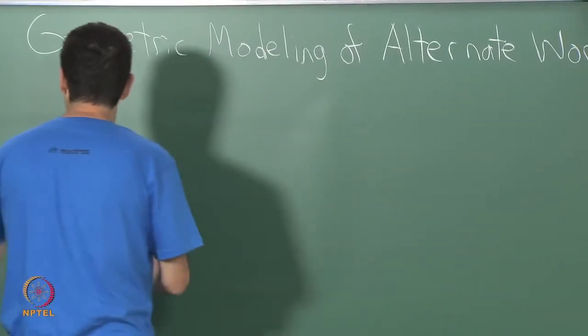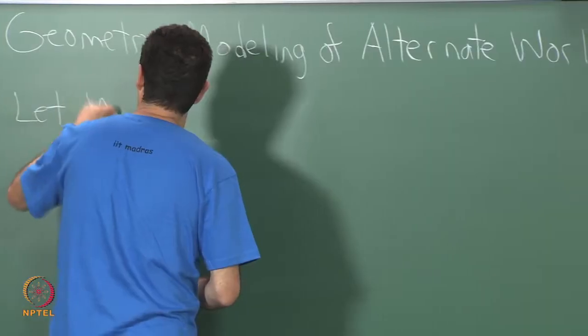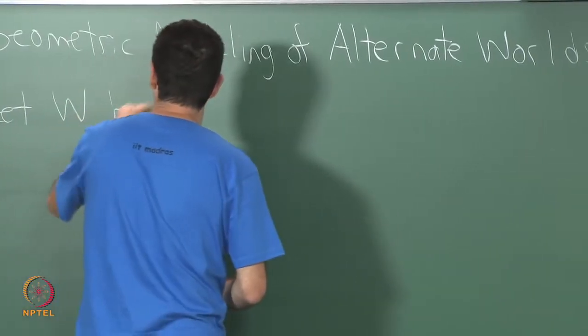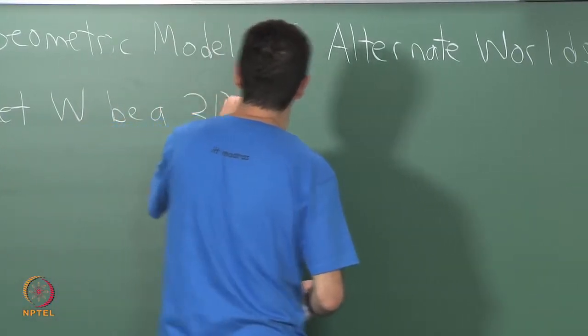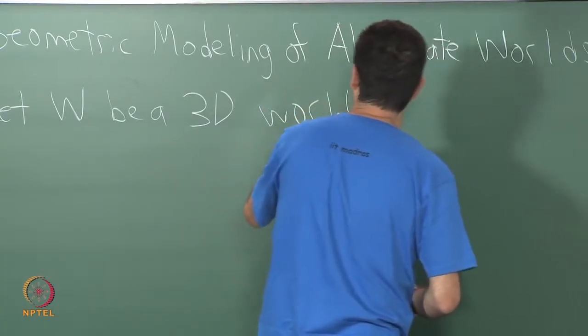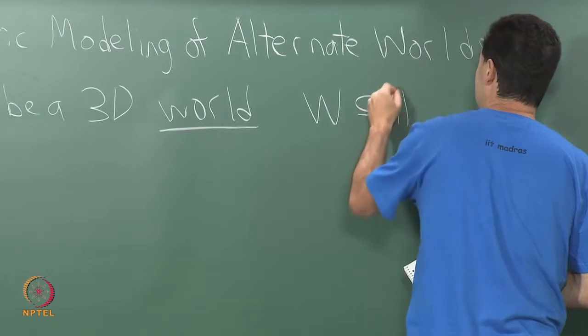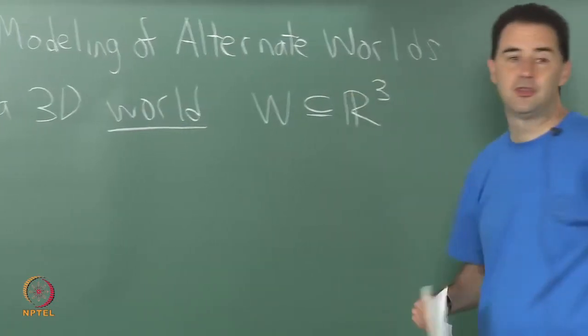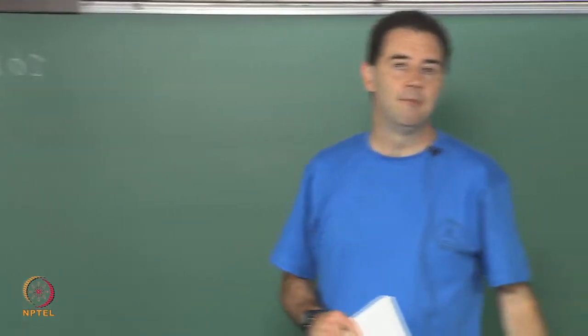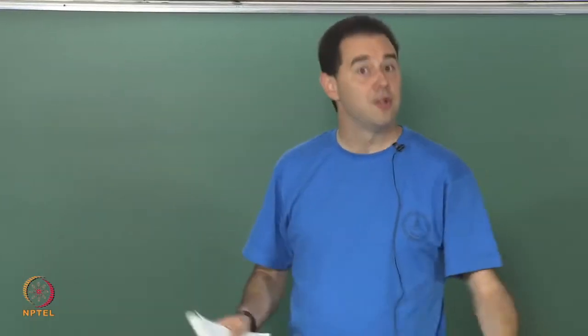So let W be a 3D world. I mean that W is some subset of R3, so I'll start doing mathematics in Cartesian coordinates on the reals in 3 dimensions.